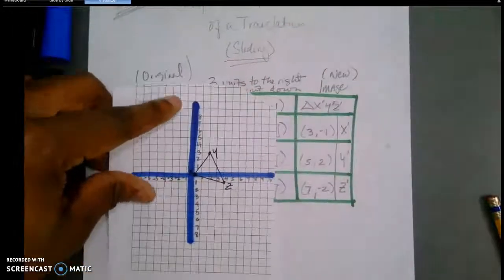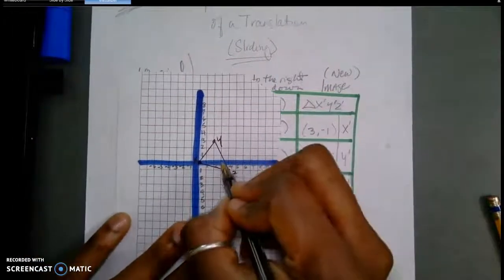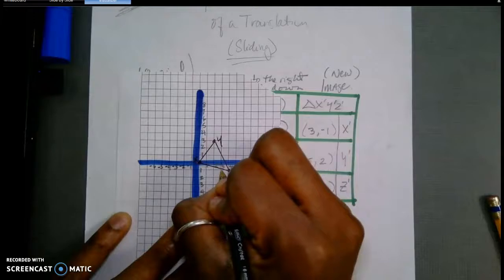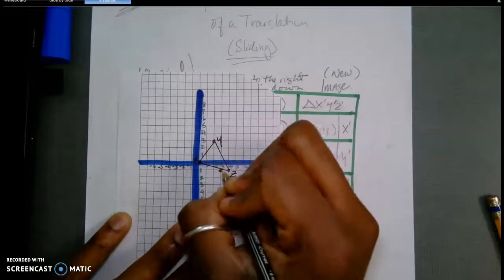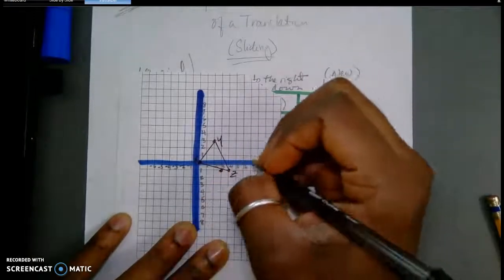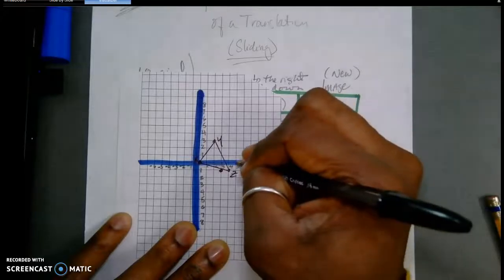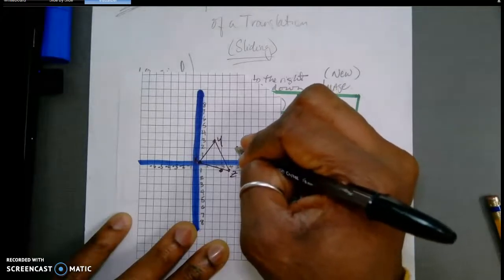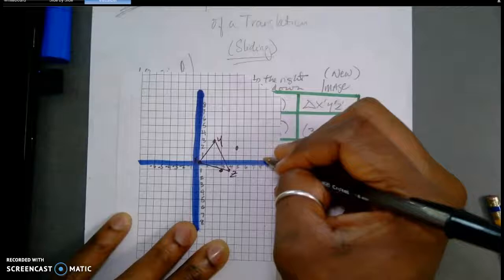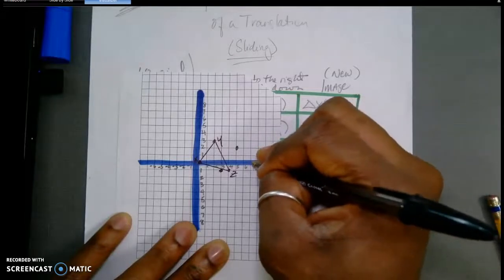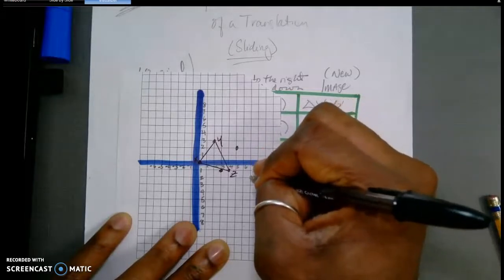So let's take our new coordinates. We have 3, -1. We have 5, 2. And we have 7, -2.